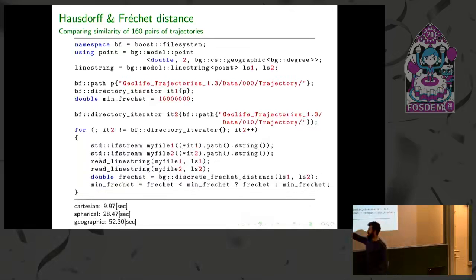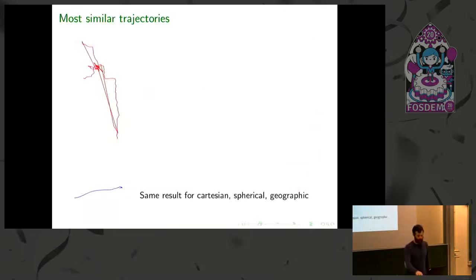You can see here the difference in performance: Cartesian is more than 5 times faster, and with all of them I'm getting the same result. From the whole dataset, these are the two most similar. You can understand that the dataset has totally dissimilar trajectories, so in most of them you cannot even draw them.